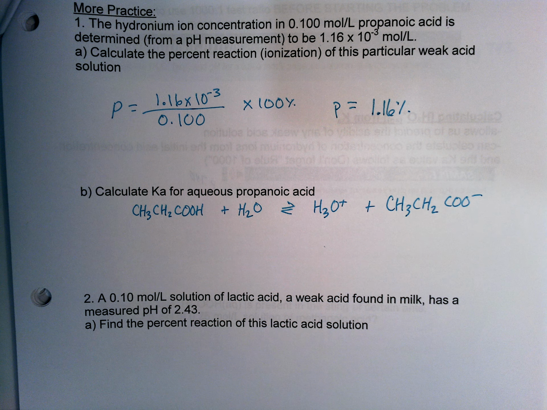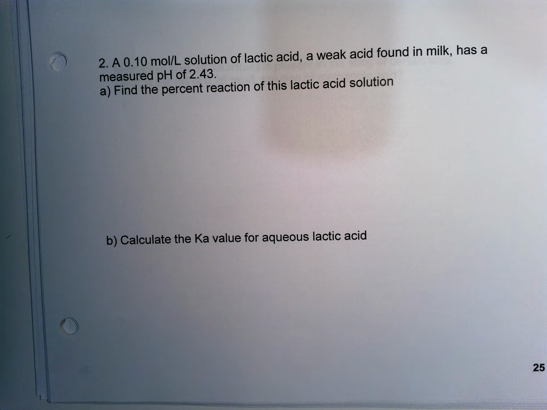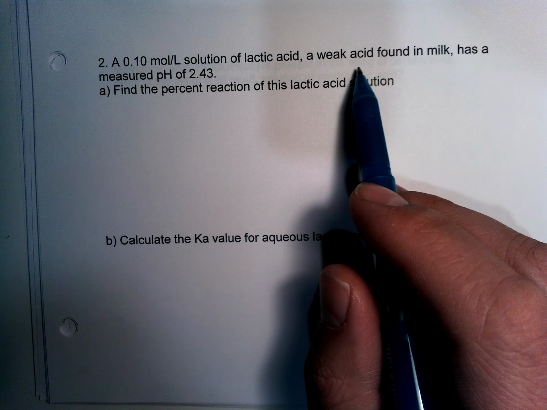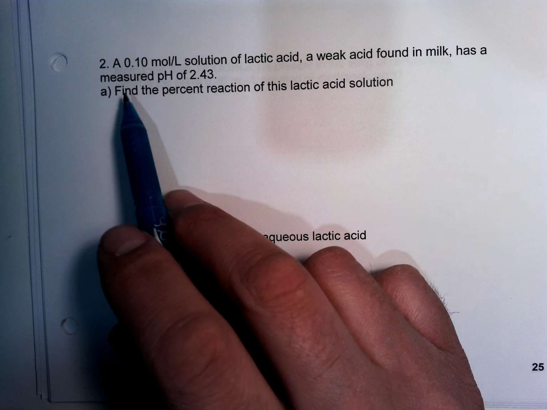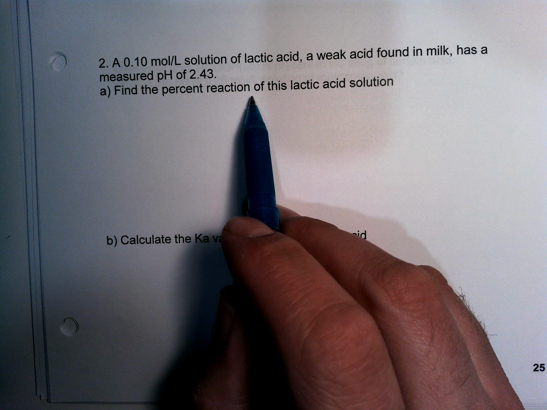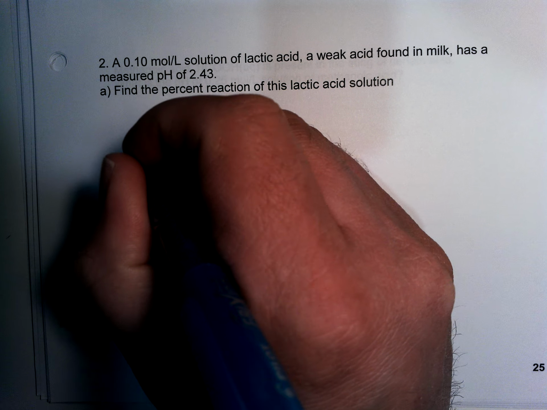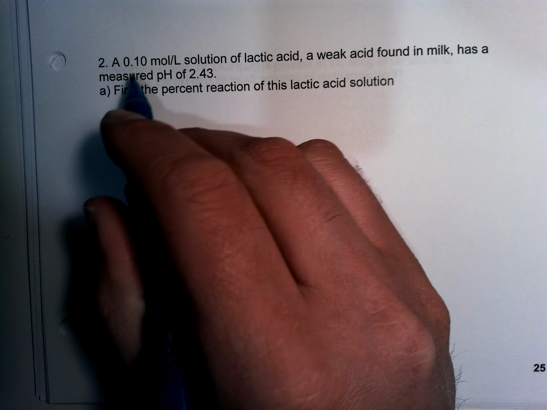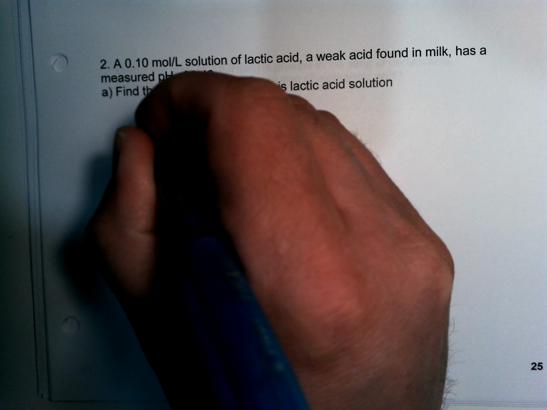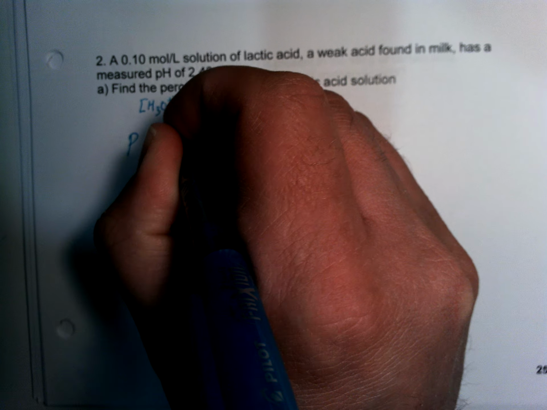For this one, we have a 0.1 solution of lactic acid, which is a weak acid found in milk. It has a pH of 2.43. Find the percent ionization of this lactic acid in solution. So we need to solve for our hydronium concentration first, which is equal to 10 to the negative 2.43.